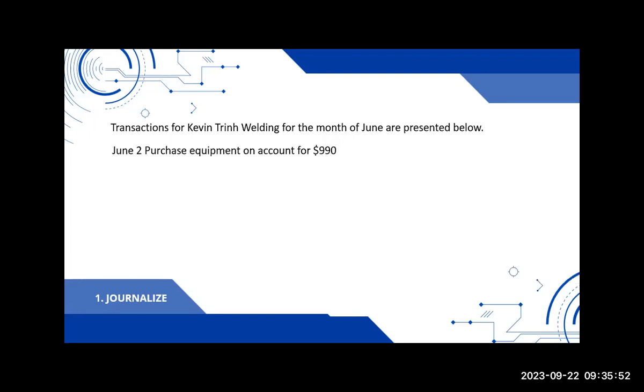Number 2, purchase equipment on account for 990. Very good question. Equipment, for those na hindi sanay, sounds like an expense, right? Naglabas ako ng cash or umutang ako. I bought a laptop, right? Let's apply it to Kevin Trin. Bumili siya ng welding equipment. Why shouldn't that be an expense?